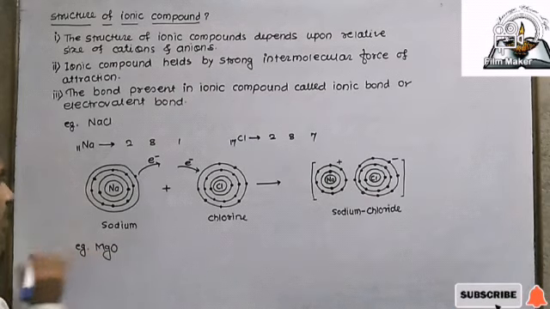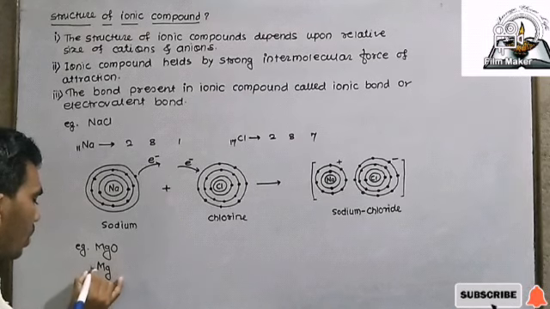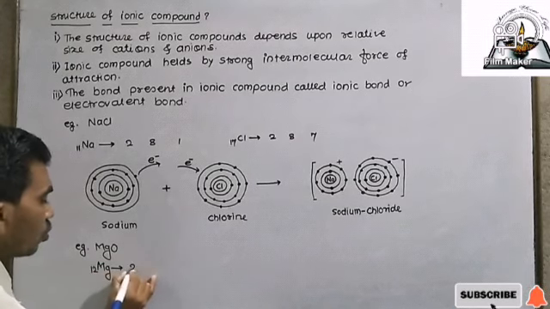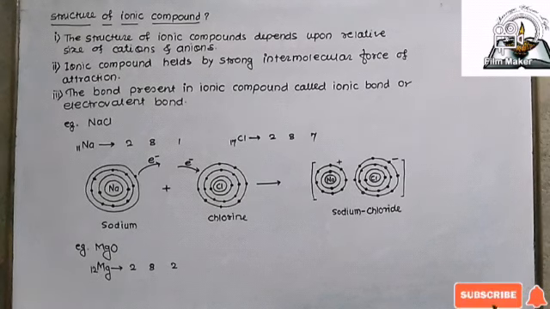So what happen in case of magnesium? So atomic number of magnesium is 12. Electronic configuration 2, 8, 2. This is the electronic configuration of the magnesium.